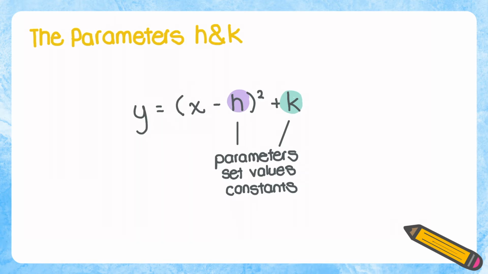Notice here that h is on the inside of the parentheses. So it's kind of like still stuck with x, whereas k is by itself on the outside. Today we're going to focus on how these two parameters, h and k, have an effect on the graph of quadratic functions. So let's first focus on the effects of k.